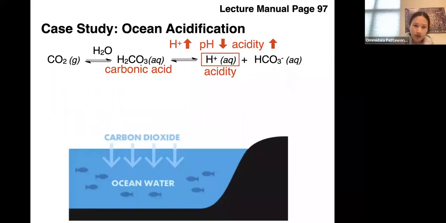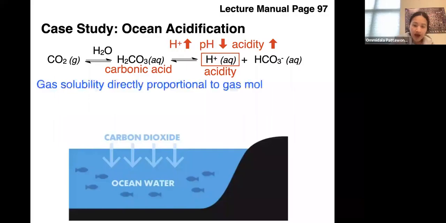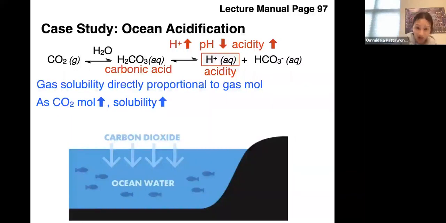According to Henry's law and also the ideal gas law that we saw earlier, the gas solubility is directly proportional to the gas mole. If we have a lot of CO2 emission, as the number of moles of carbon dioxide increases, the solubility also increases, which means carbon dioxide gas is going to dissolve more in the water.